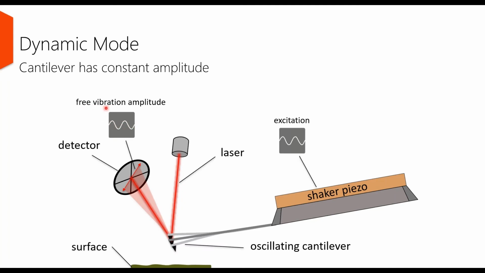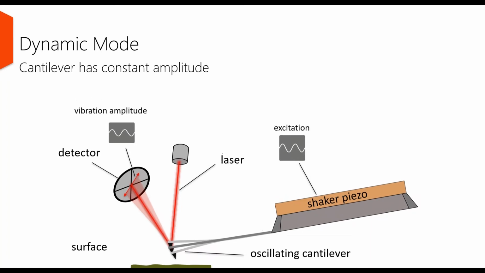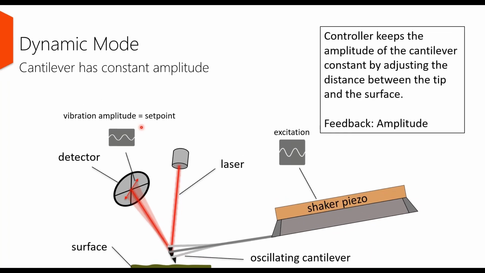So this is what's called the free vibration amplitude. When we're far away from the surface, we might have a certain amplitude in nanometers, maybe 100 nanometers or so at the end of the cantilever. As the cantilever approaches the surface, it starts to feel the surface itself, and so that amplitude gets dampened. It reduces in amplitude.